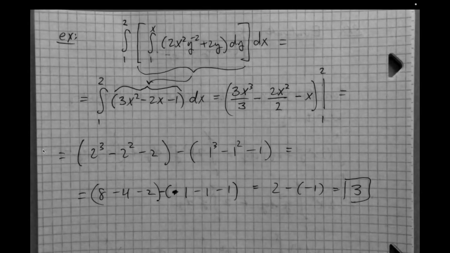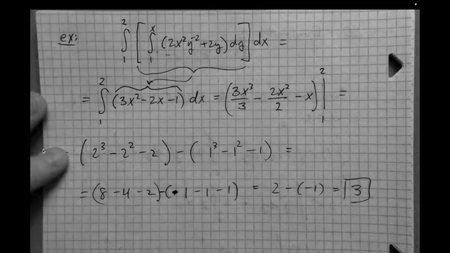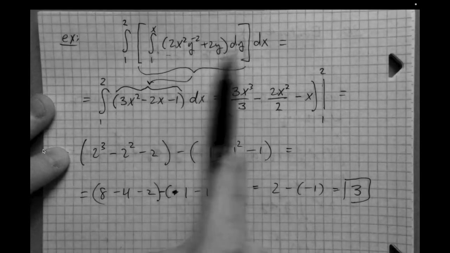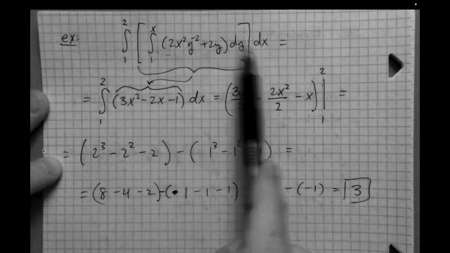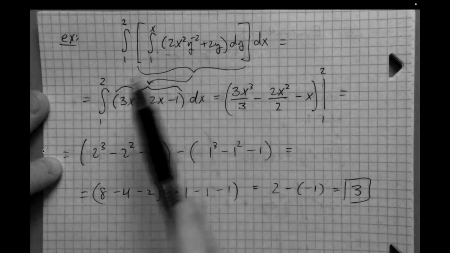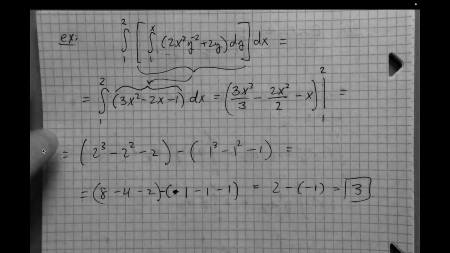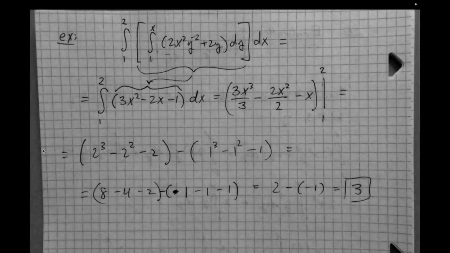Okay, and so we usually talk about this in the sense that this is the inside integral, and then this is the outside integral, right? Inside, outside. This should be pretty obvious. These are typically written without brackets, right?